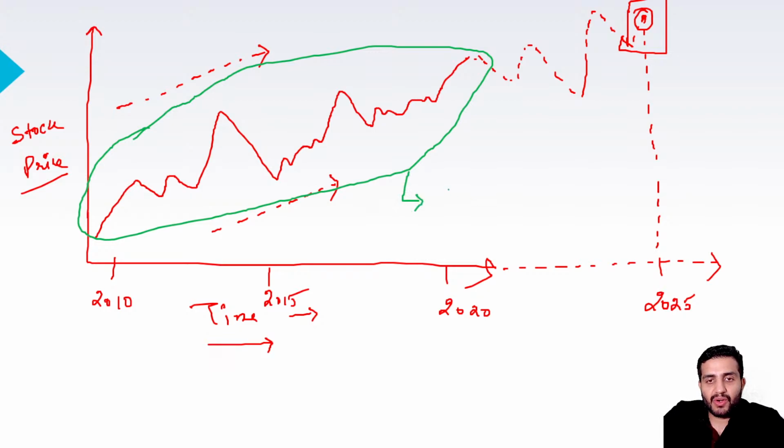This is what is called historical data, the data with the help of which I'm trying to identify the pattern which can give us information of something which is going to happen in future.